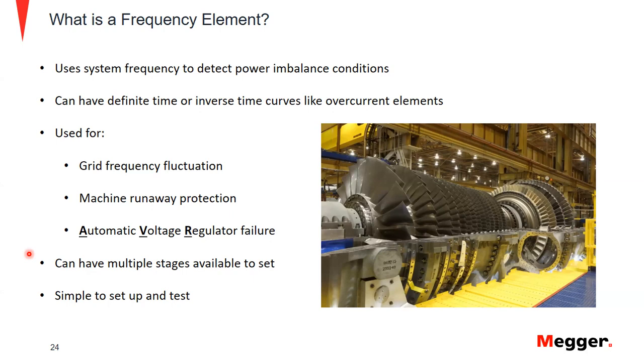What if a machine actually starts to run away, or the governor controls are not operating properly, or the automatic voltage regulator, or AVR, could fail as well. And when the AVR fails, the generator starts drawing reactive power from the grid, and now the generator is an induction machine.